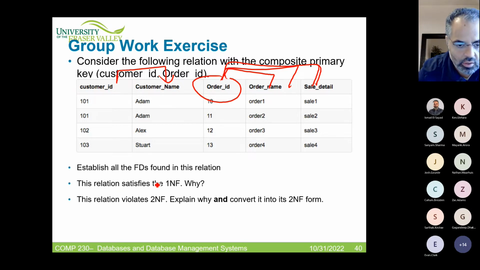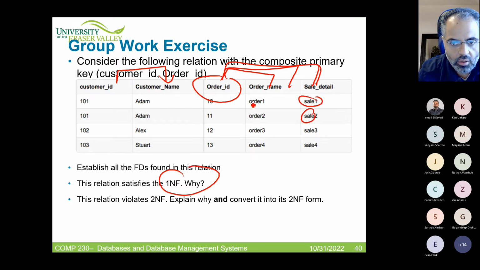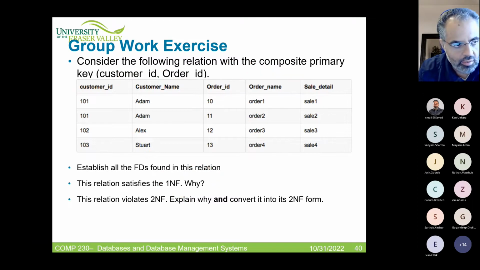So the second question is first normalization, yes, because we don't have any multi-value attribute. It violates second normalization. Why? The definition of second normalization says that all non-primary attributes should be fully functionally dependent on the primary key. Who's non-primary?